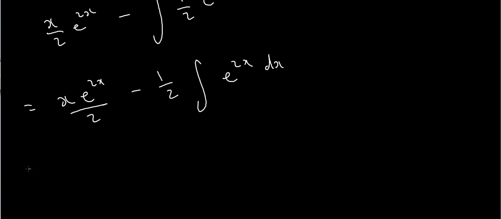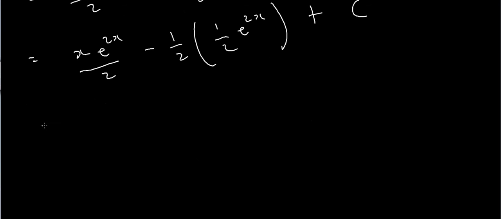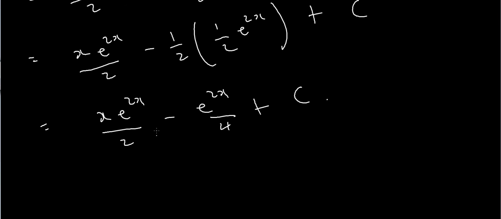So this thing just becomes x e to the 2x over 2 minus a half times a half e to the 2x plus some constant c because it's an indefinite integral. And simplifying this is just x e to the 2x over 2 minus e to the 2x over 4 plus c. And that's my answer.